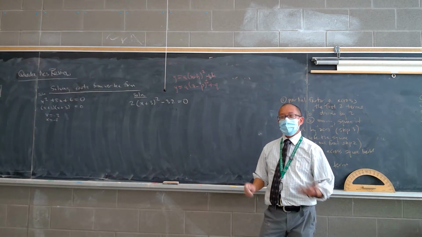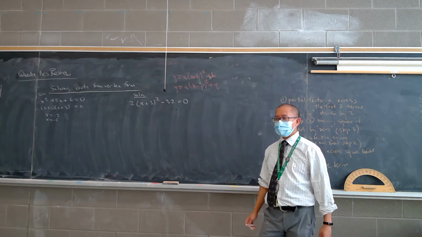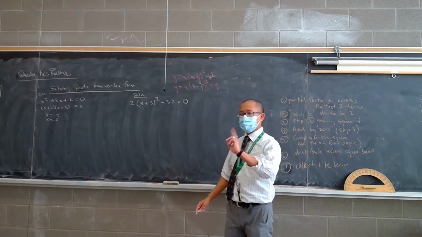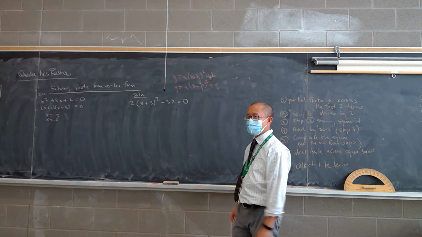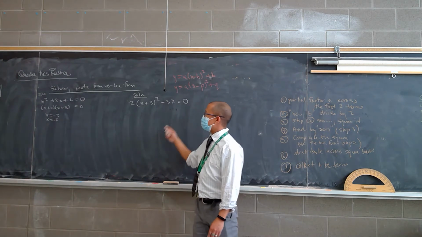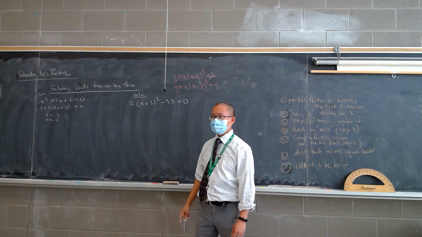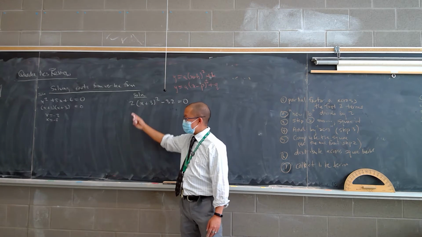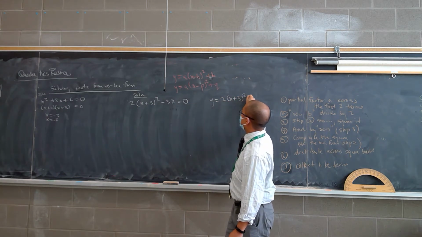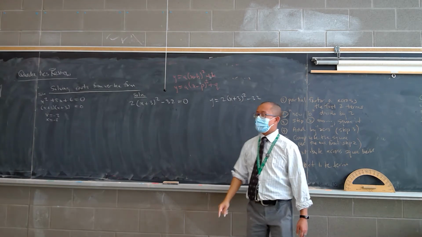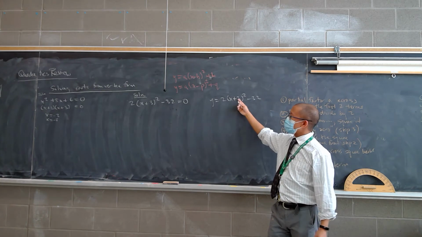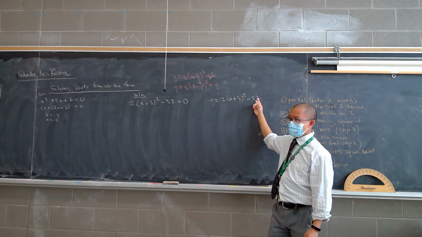Now, first of all, before I attempt this question, I think a lot of you realize this parabola has two roots. The reason a lot of you know this is because the a and the k are different signs. In this case, if we were to write it as y equals 2 times (x plus 3) squared minus 32, the parabola opens up because the a is positive, and the coordinates of the vertex are -3 and -32.